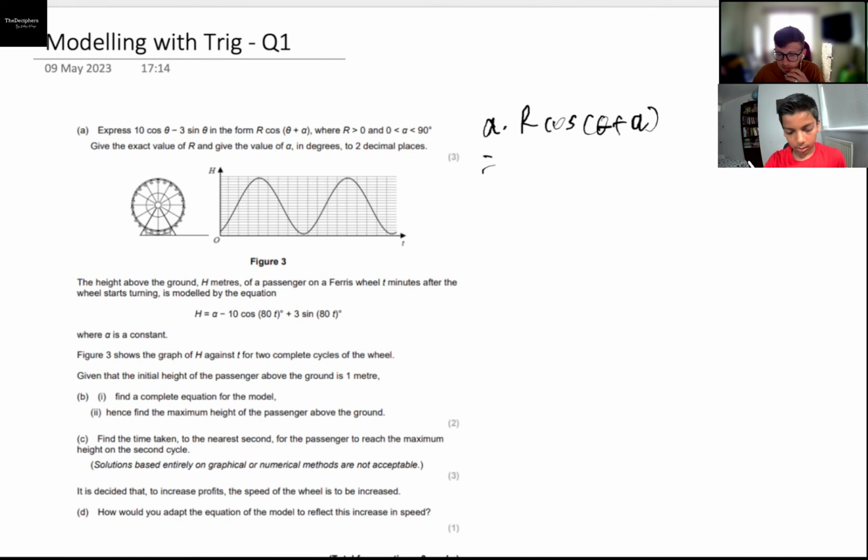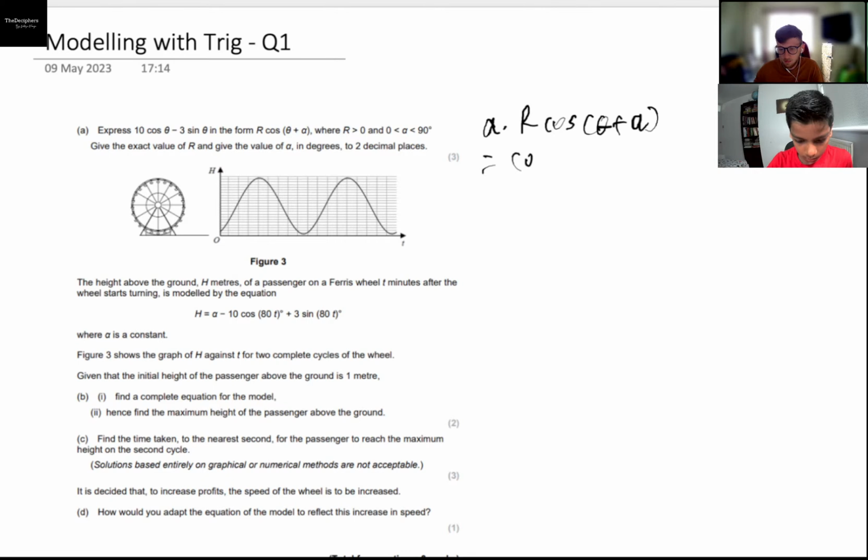Sine a cos b minus sine b cos a, that sounds more like the addition formula for sine. I meant cos a cos b minus sine a sine b. Yeah, that's right.